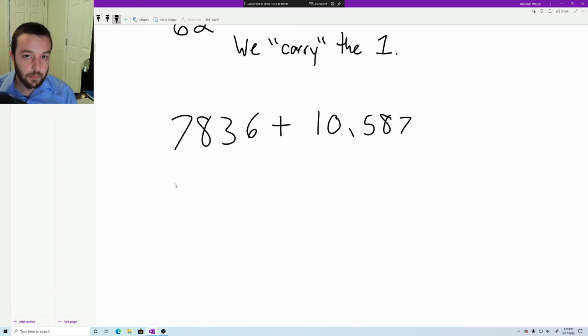It doesn't really matter which one goes on the top or bottom, so we usually just use the left one and put it on the top. One of the nice properties of addition is that the order does not matter. Right, 5 plus 7 and 7 plus 5 are the same thing. And that won't be true of subtraction.